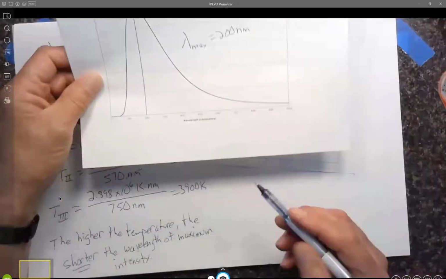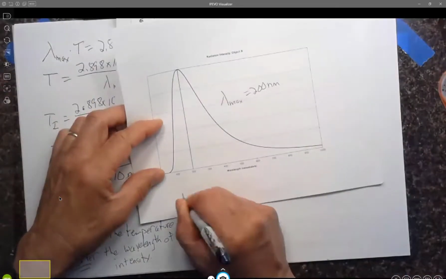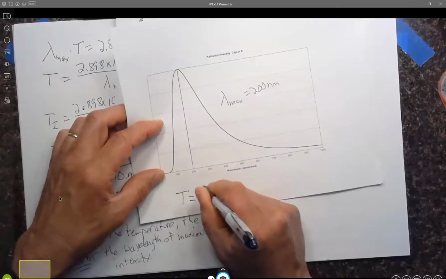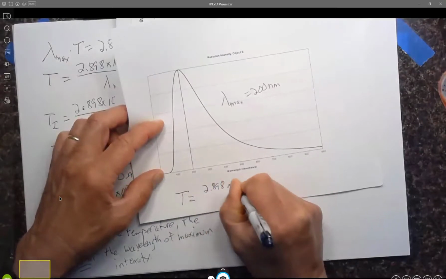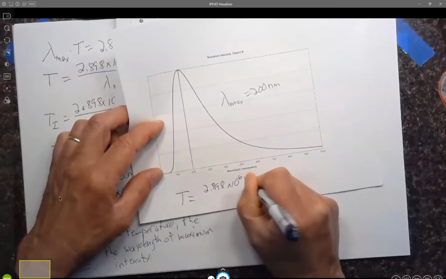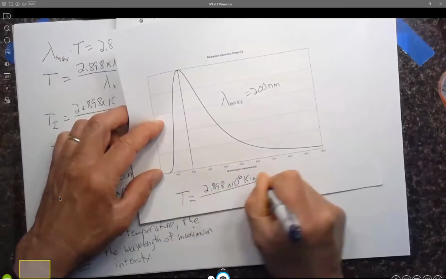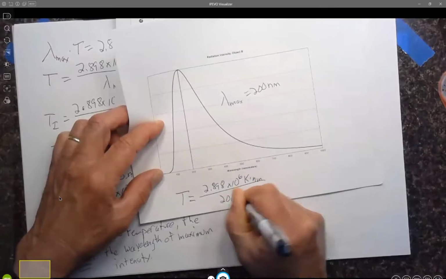So in every case, I'll calculate the temperature up here. T is equal to 2.898 times 10 to the 6th Kelvin nanometers, in this case, divided by 200 nanometers.